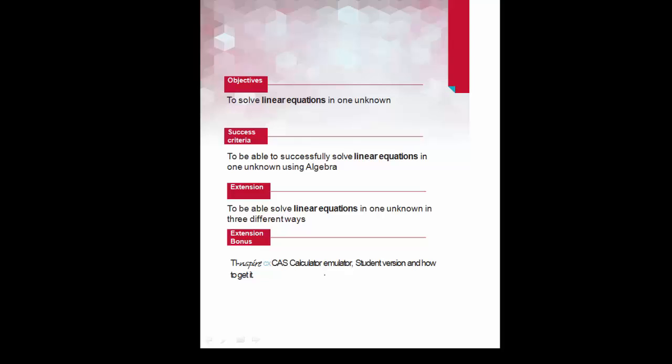The first way was guessing, the second way was algebra, and the third way was graphically. And we have seen the extension and the extension bonus using the TI-Nspire CX calculator emulator, the student version, and you've seen how to download it. So with this, we conclude this part, and we will continue next time.